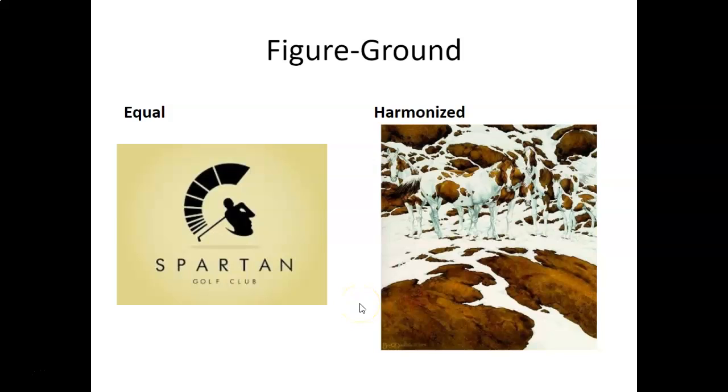If the figure-ground relationship is harmonized, everything kind of blends together, and you have to work a whole lot harder to see things. So, how many horses do you see? Think about it for a minute, and then we're going to count the horses. If you said you saw 5 horses, you are correct.